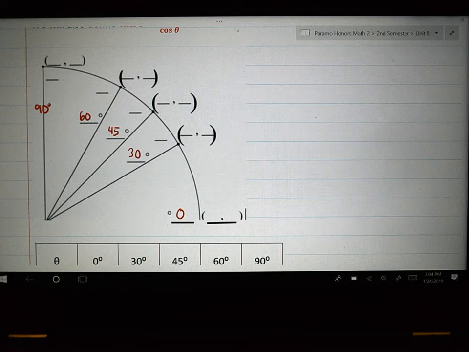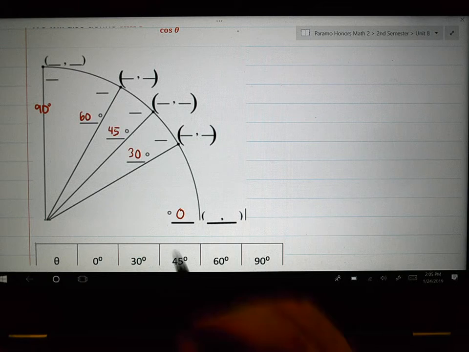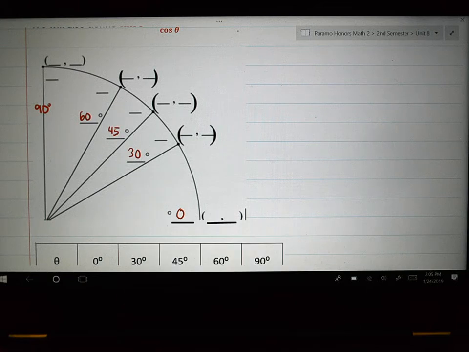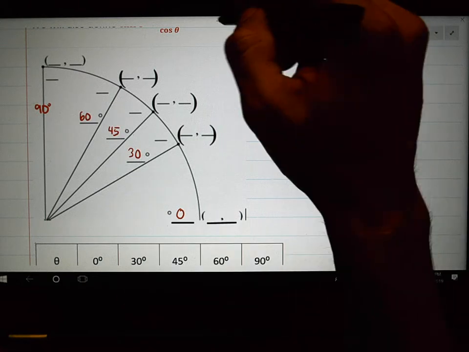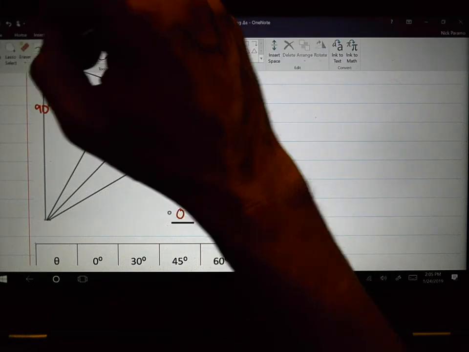Each of these 5 angles has a very specific x and y coordinate based off of the triangles that you just worked out. For example, if I'm talking about 30 degrees, I'm going to draw you something in blue.